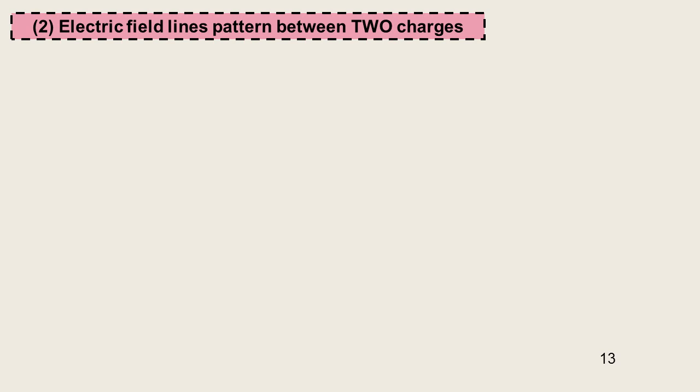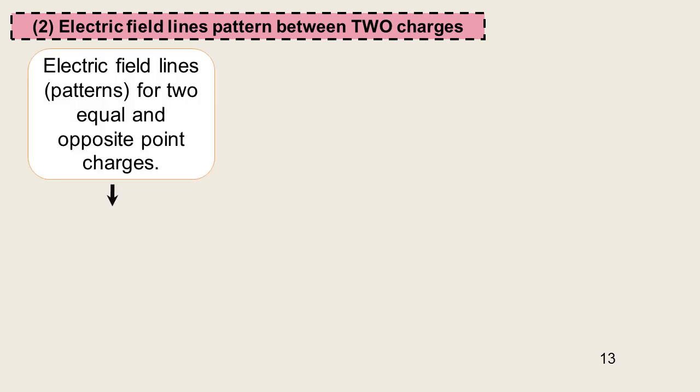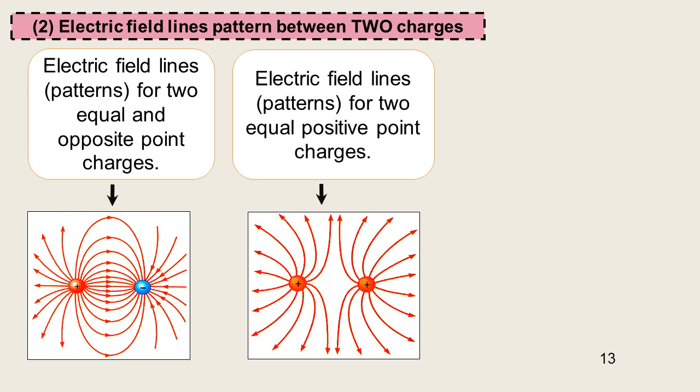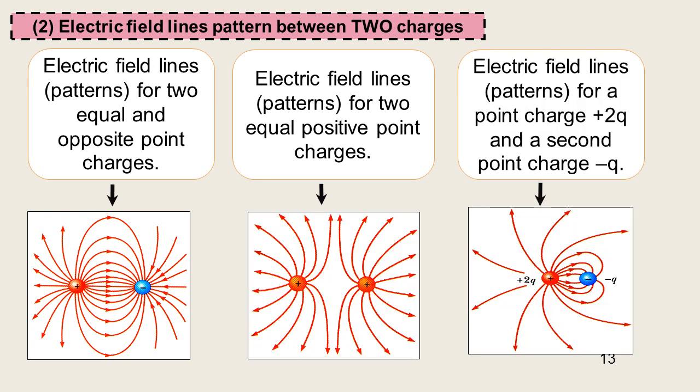Electric field line pattern between two charges. As you can see in the figure, the electric field line pattern for two equal and opposite point charges: positive is outwards, negative is inwards. Number two, electric field line pattern of two equal positive point charges.